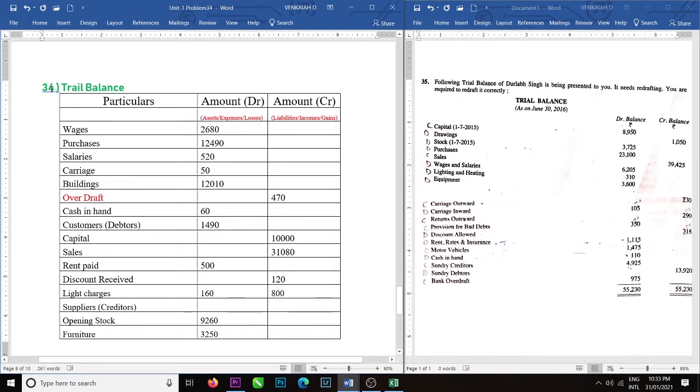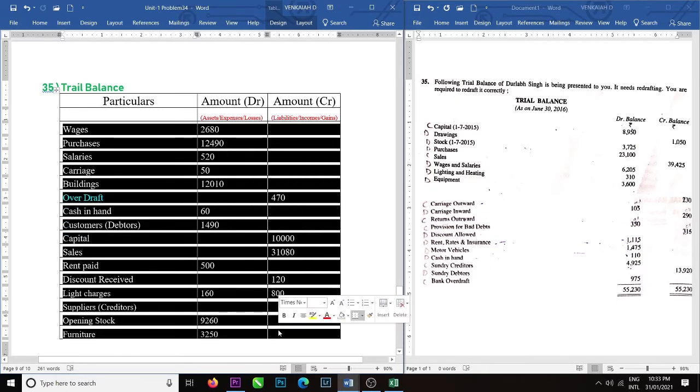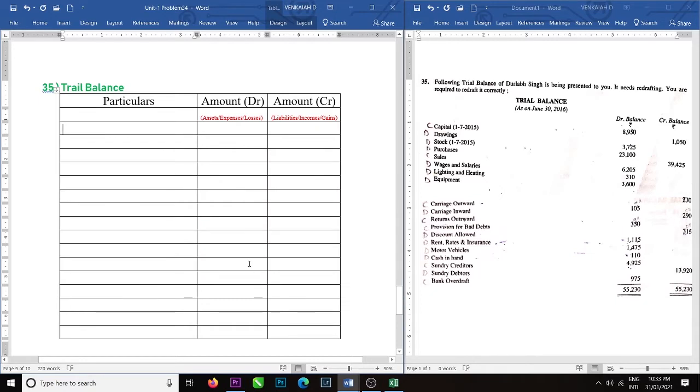So, problem number 35, look at your reader. Capital is a liability, 8950. Drawings are opposite to capital. Capital is a liability, credit; drawings are always debit.